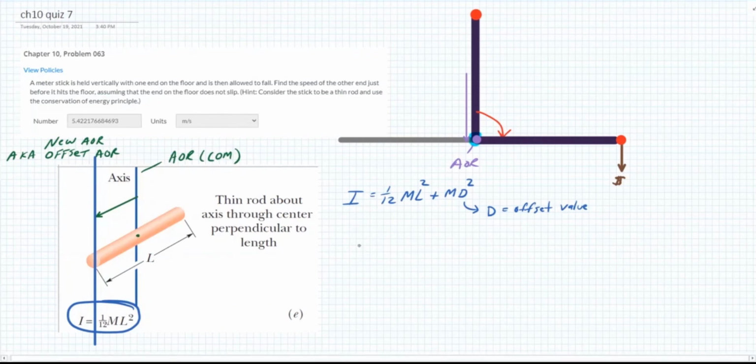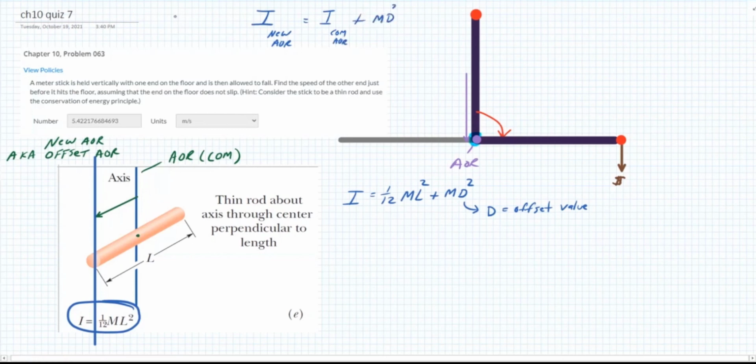When I have this, the rotational inertia about a new axis, a new AOR, is going to be equal to the rotational inertia about the center of mass AOR, plus MD squared.